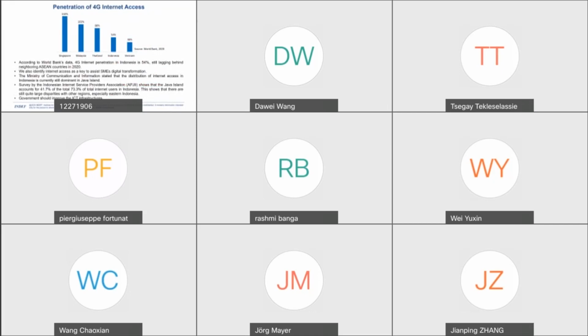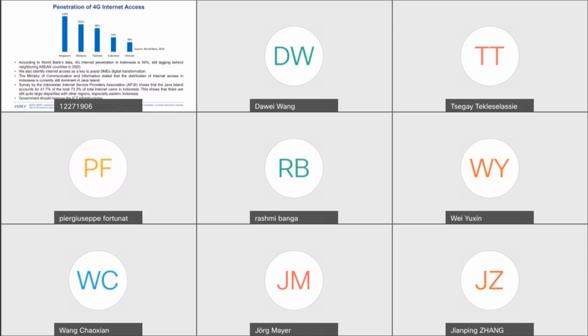According to World Bank data, 4G internet penetration in Indonesia is almost 54%. So it is still lagging behind neighboring ASEAN countries, but we will catch up. We have also identified internet access to be the most important factor for SME digital transformation.